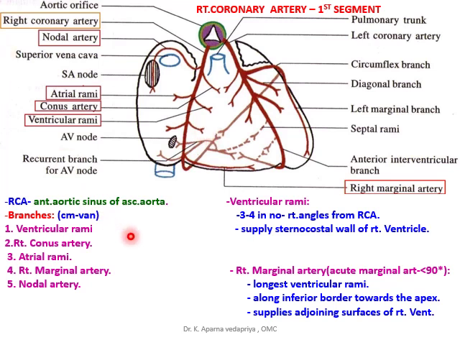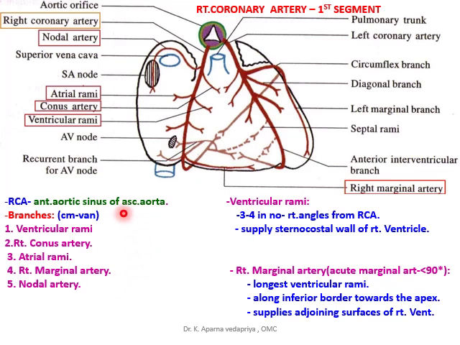And those branches are, we are talking about the first segment now. The first segment is from the origin of the right coronary artery, from the anterior aortic sinus or the right aortic sinus, till the inferior border of the heart. So this is the first segment. The branches of the first segment are the ventricular rami, the right conus artery, the atrial rami, right marginal artery and nodal artery.